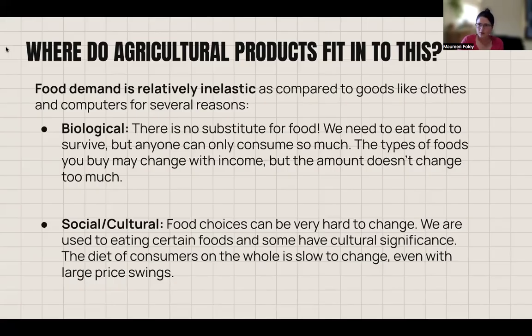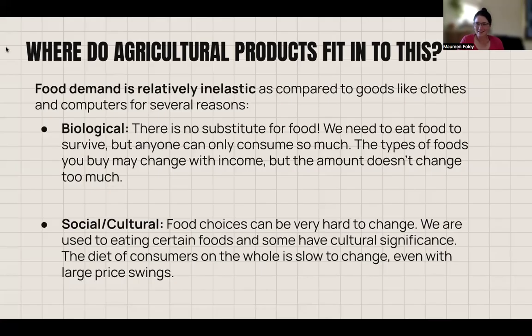There's also social and cultural reasons. Anyone who has, say, tried to go on a diet or wanted to stop eating fast food or become vegetarian or eat more boneless, skinless chicken, whatever it is, anyone who's tried to change the way that they habitually eat knows that it's really hard.